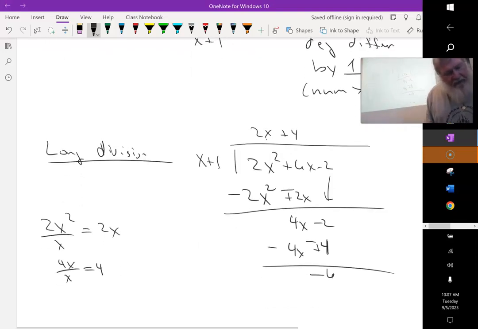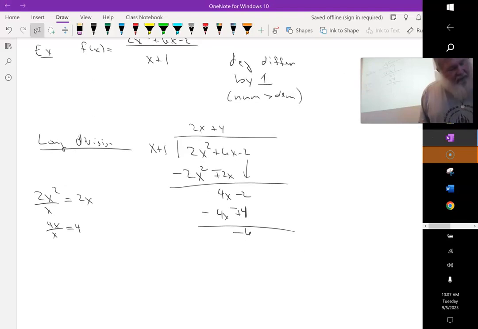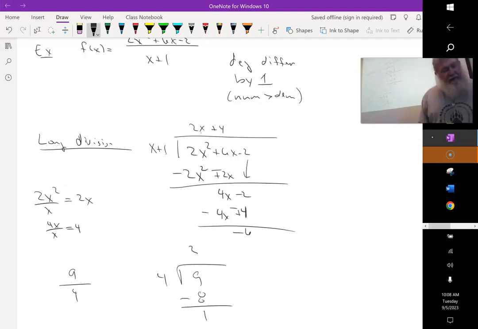Well, let me put this in a little simpler one. Let's say I wanted to take 9 divided by 4. 4 goes into 9 how many times? 2 times, 8, subtract it out, and the remainder is 1. So what does that say?